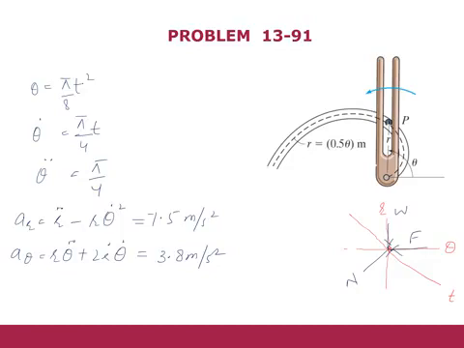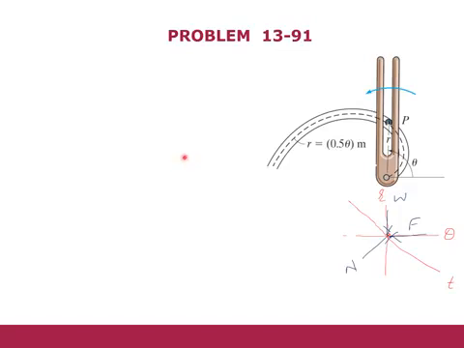Now we will apply the equations to find out the forces in the radial and transverse directions. We apply Newton's second law of motion, which says that the summation of all the forces in the radial direction will create acceleration in the radial direction. So we'll first take this r, and over here you can apply the equation.